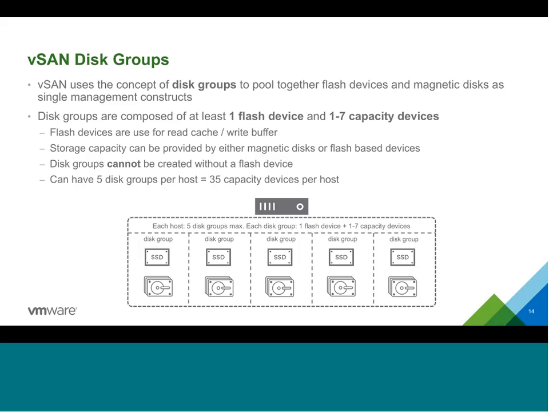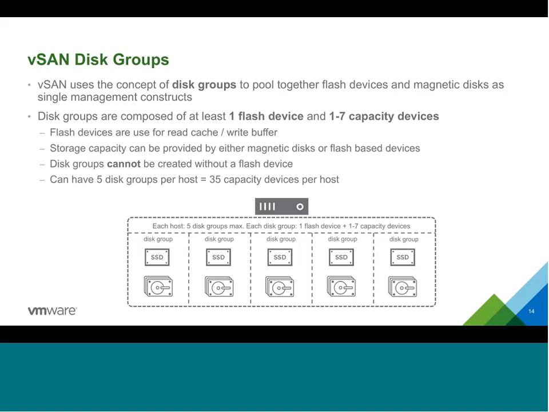That means in a single host, I can have at most 35 capacity devices, right? And 1 flash device per disk group. So in a single host, I can have at max 5 flash devices and 5 different disk groups, right?